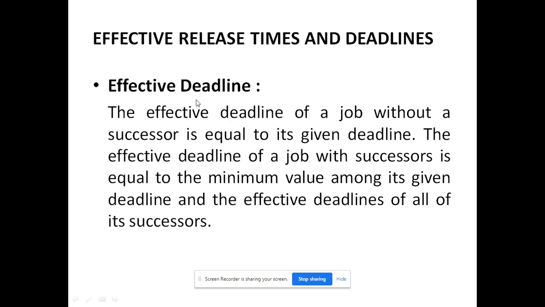And what is effective deadline? The effective deadline of a job without a successor is equal to its given deadline. And the effective deadline of a job with successors is equal to the minimum value among its given deadline and the effective deadlines of all its successors.